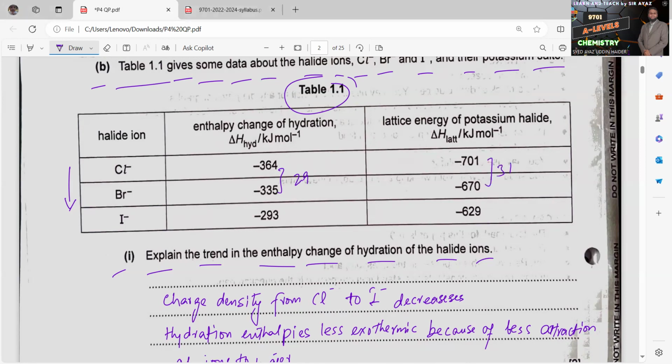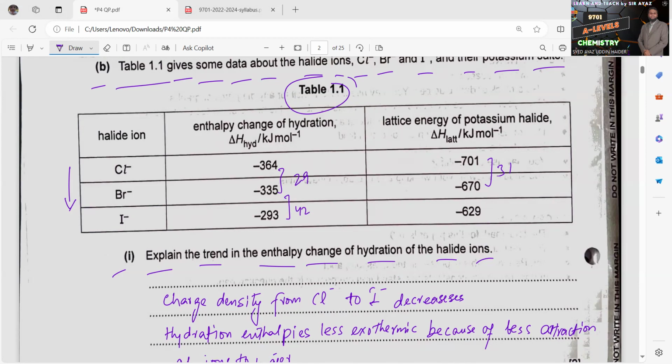It's almost the same. What about the enthalpy change of hydration between Br minus and I minus? 335 minus 293. It's 42. And on the right hand side, that's lattice energy of potassium halide between bromide and iodide. 670 minus 629.